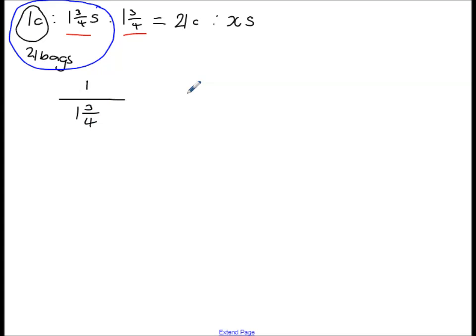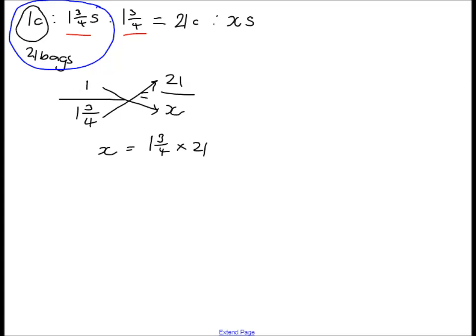We're just writing it in fraction form, equals 21 over x. So again, don't worry about that because your calculator can deal with it. 1 multiplied by x is x, equals, to get this, I'm simply going to say 1 3/4 multiplied by 21.